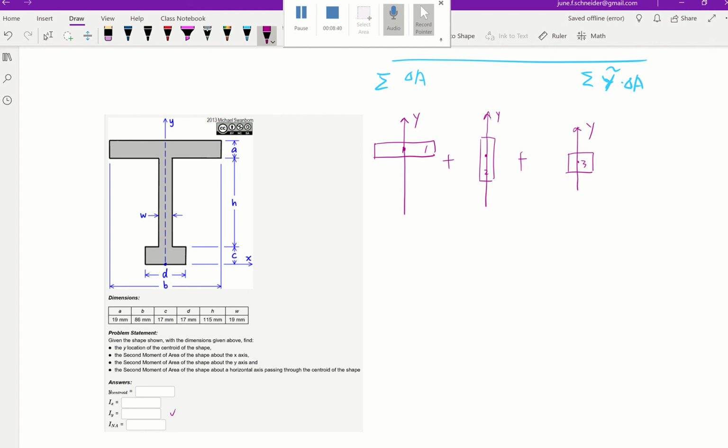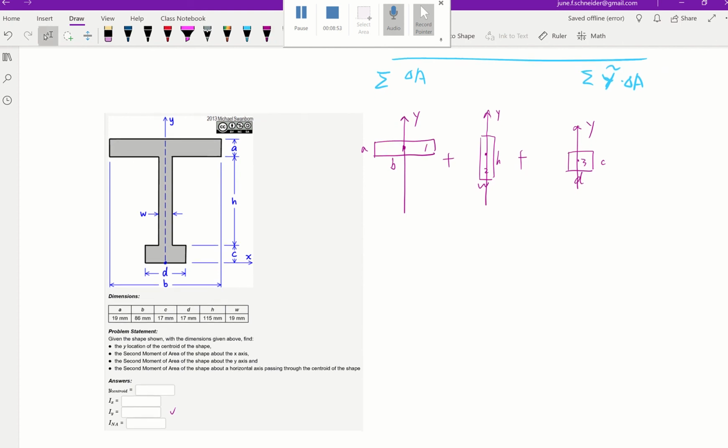Now we're going to get our dimensions here. So this is B, this is A, this is going to be W, this is going to be H, this is our D, this is our C. So knowing that, IY for the first one, going through the centroid, is going to be 1/12, and this time it's the y-axis, so it's going to be A times B cubed. B is being cubed.